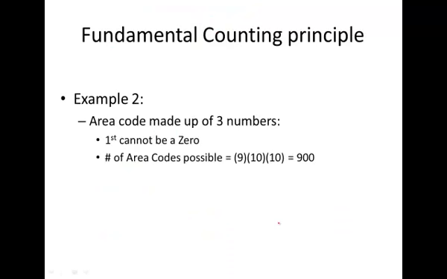So another example, we have an area code made up of 3 numbers, first, second, third. When I say area code, that's like 253 or 360, which are a couple of the area codes in Washington. One of the rules is that the first one cannot be a 0. So the choices are 1 through 9 for the first one.